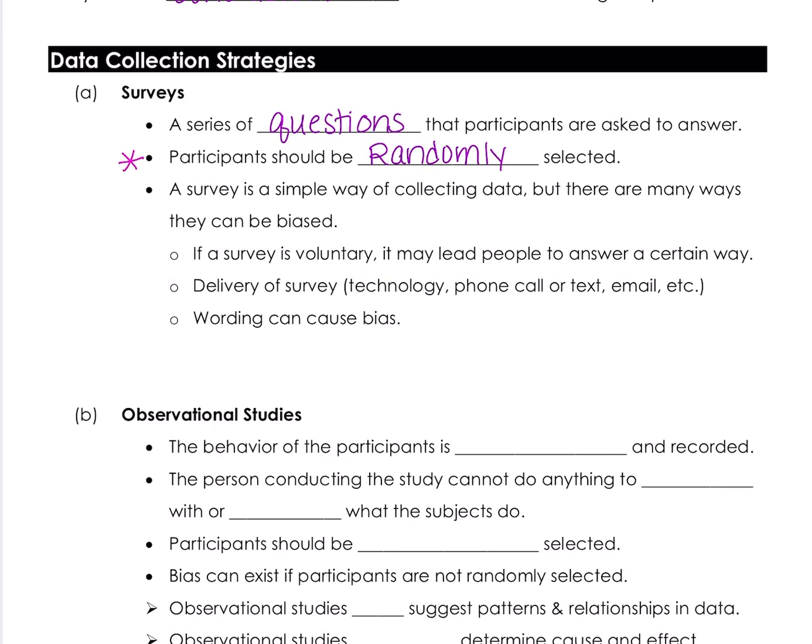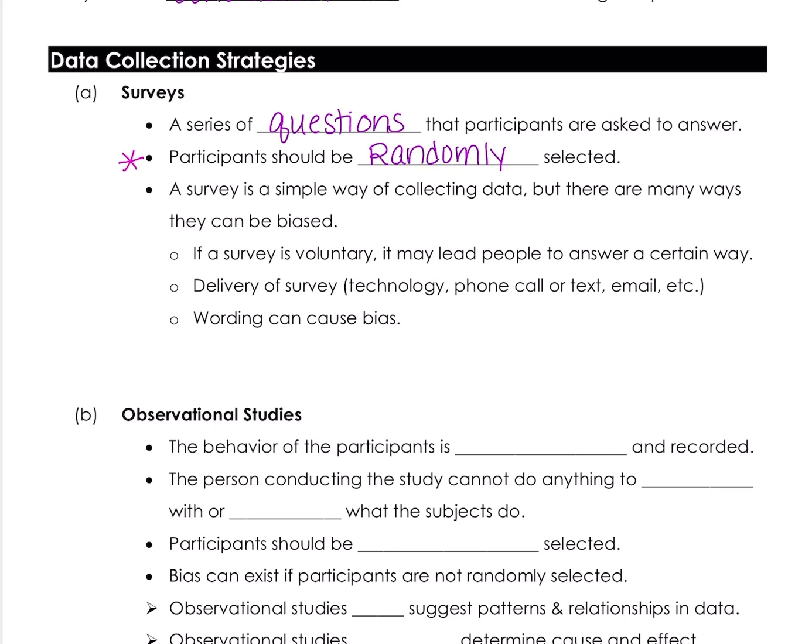If a survey is voluntary, it may lead to people answering a certain way. For example, maybe only people that feel positively or negatively or strongly in any given direction might be more inclined to answer. The delivery of a survey is important.